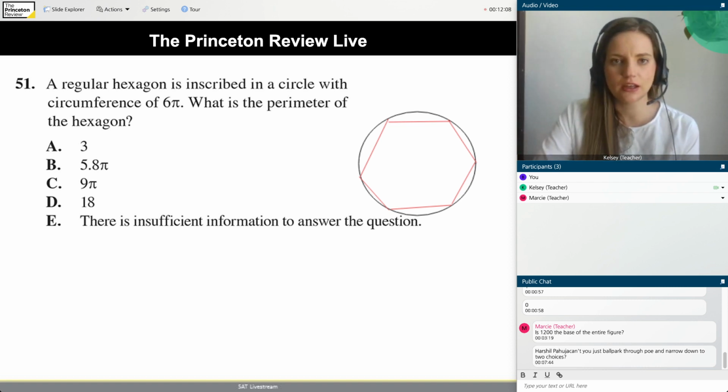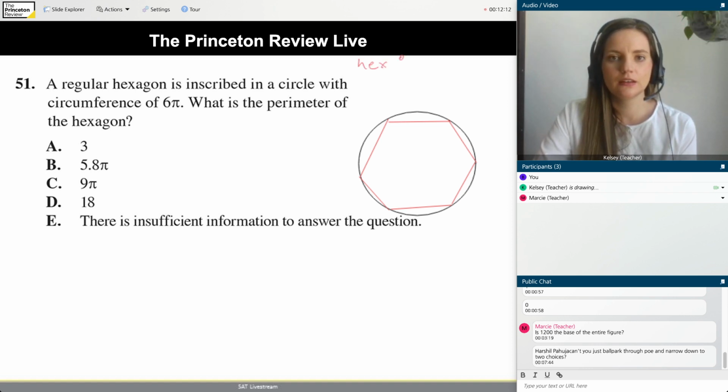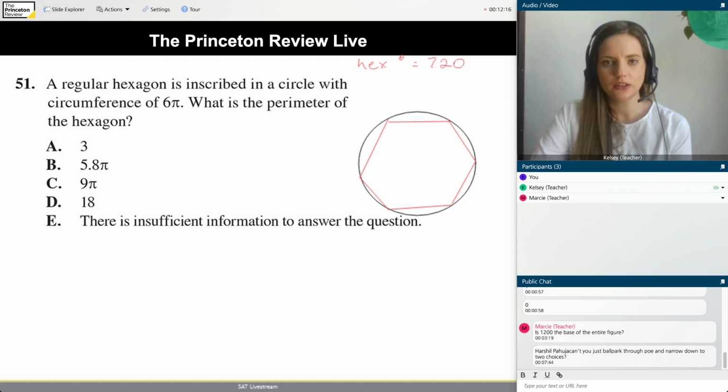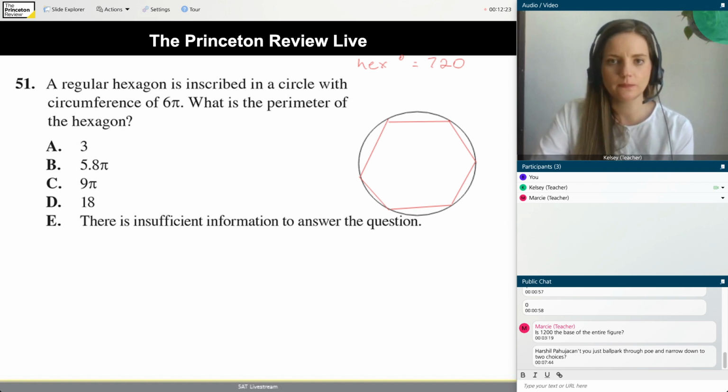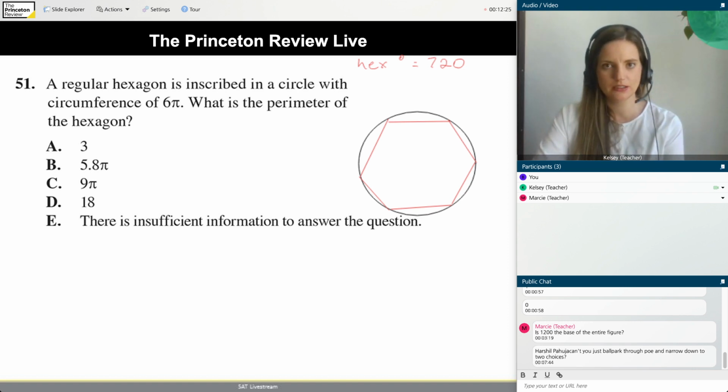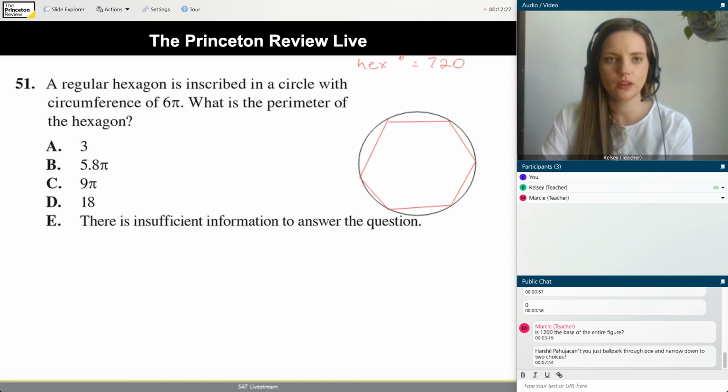And so a hexagon has 720 degrees. And so we can calculate how many degrees are on each side, right? 720 divided by 6. And that's going to give us the degrees in each side. And so we'll hang on to that for a minute.